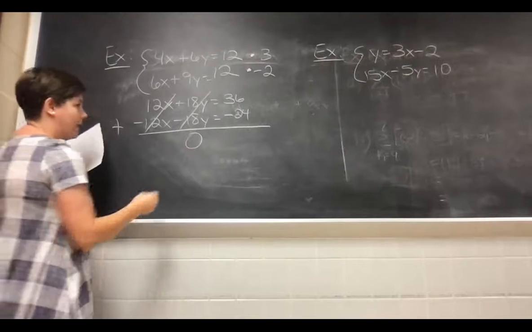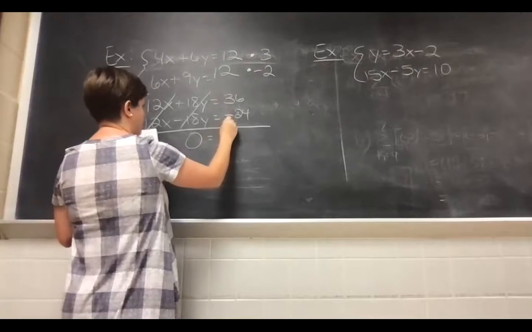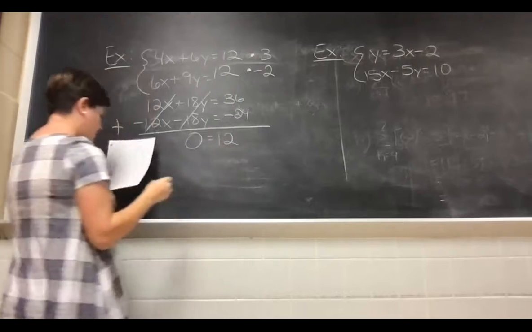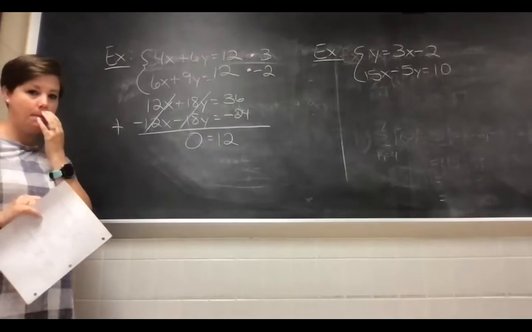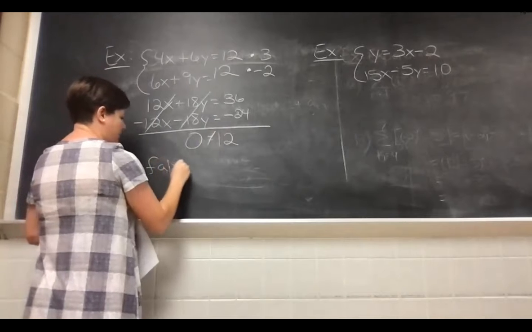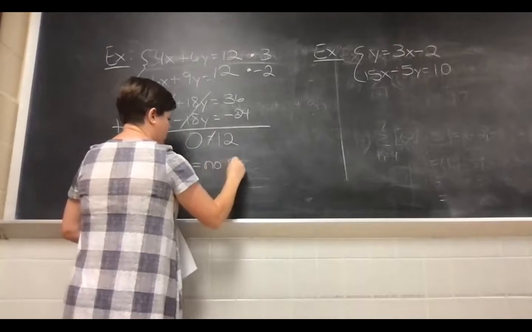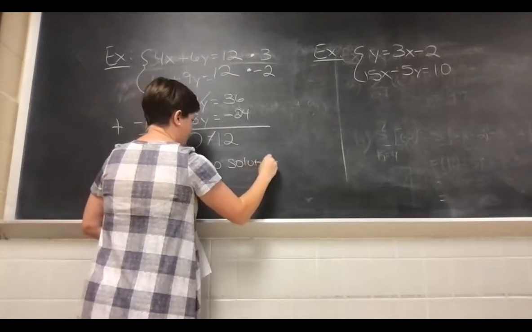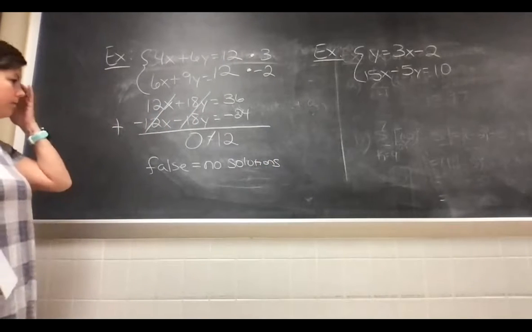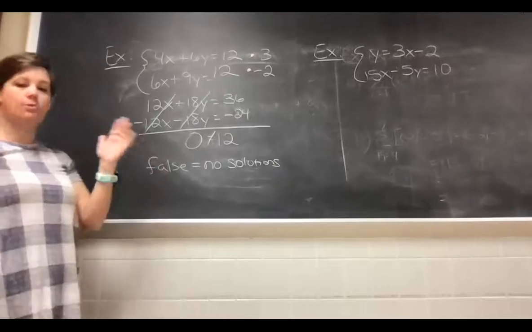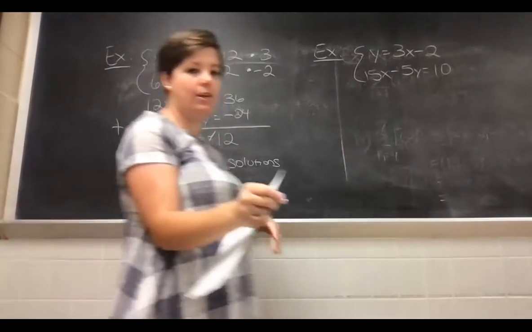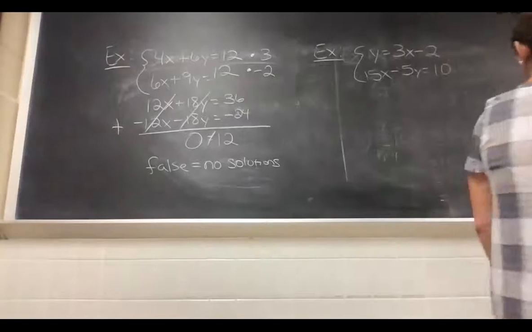That's okay, but I have 0 equals 36 minus 24, which is 12. Does 0 equal 12? No, it doesn't. This is a false statement. And if you get a false statement, that means that there's no solutions. So this is one of those times where we have two lines that are parallel to each other. And so they're never going to cross, so you're never going to get an ordered pair solution.